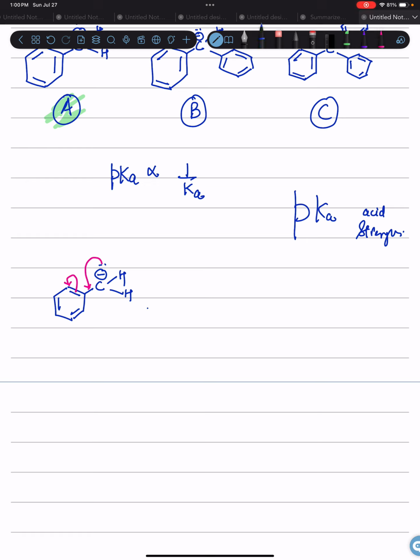So what we get are the resonating structures for this one: CH2 with a negative charge, a double bond, and then on similar lines we can draw the other resonating structures.